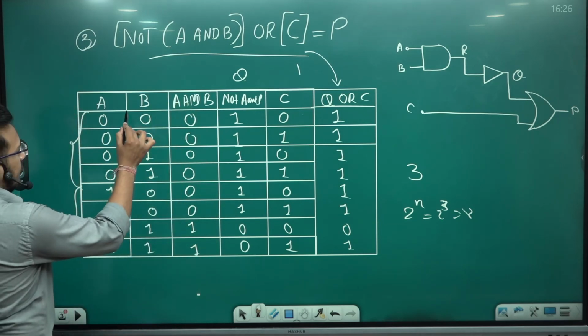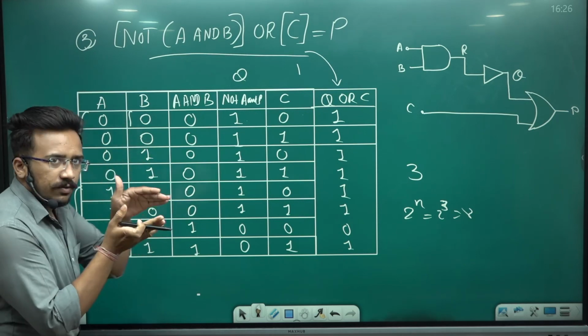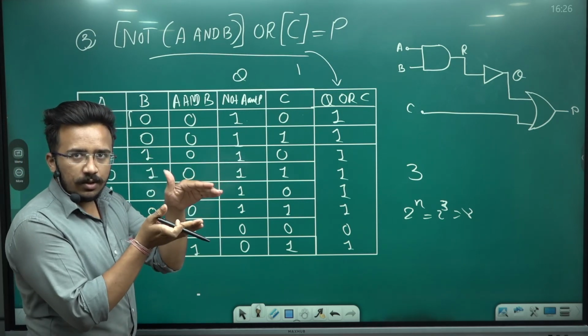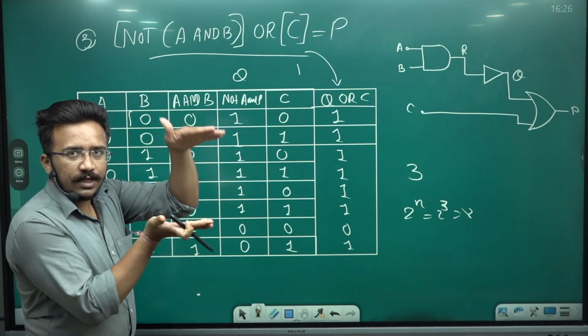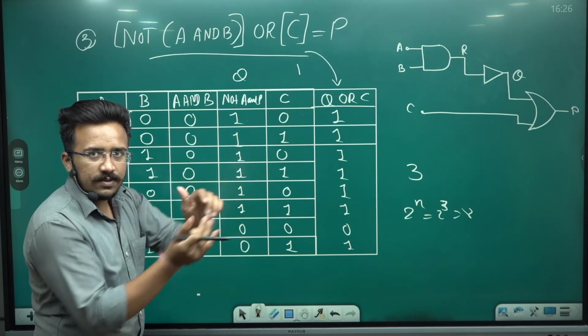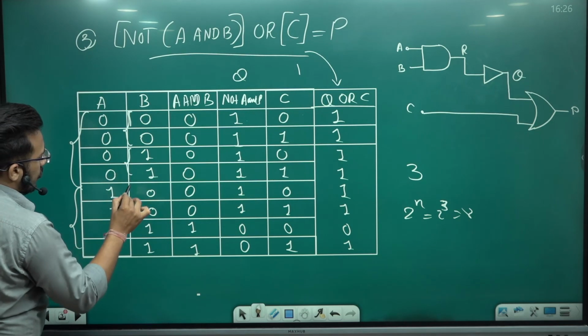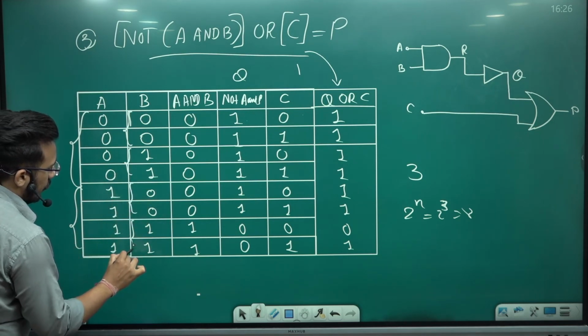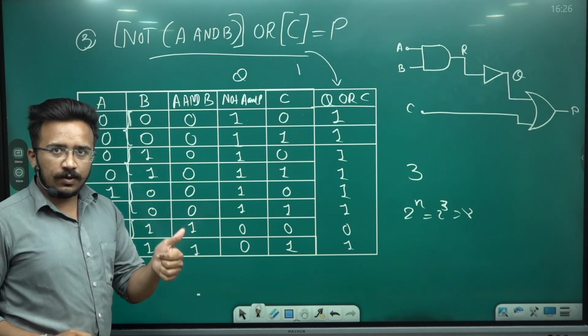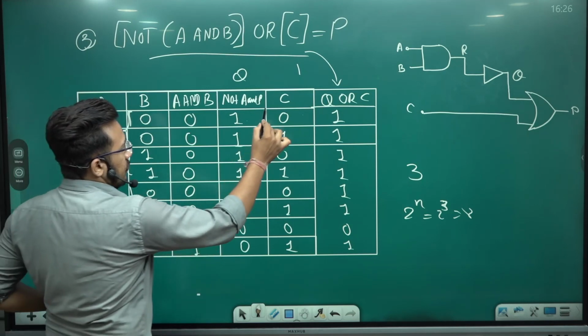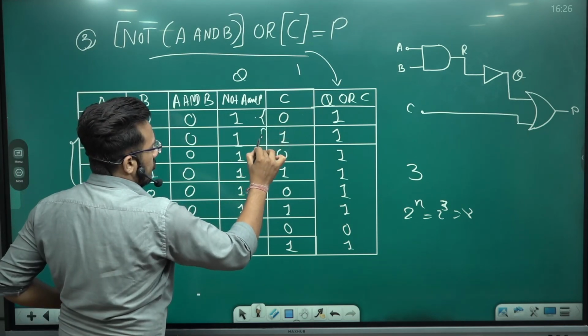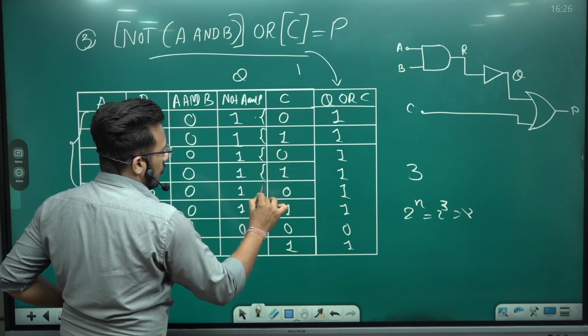In the second part, break it down into sequences of 2. First a sequence of 4, then a sequence of 2, then single sequence. Here the combination of twos is 0 0, 1 1, 0 0, 1 1. And here 0 1, 0 1, 0 1.